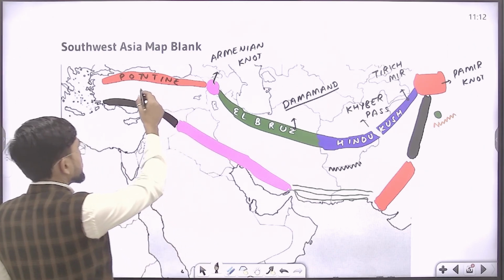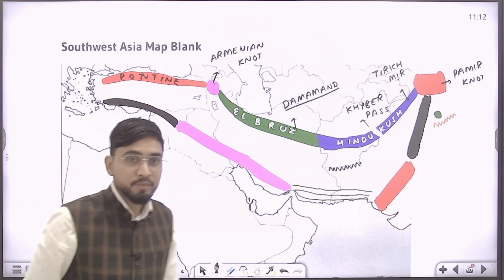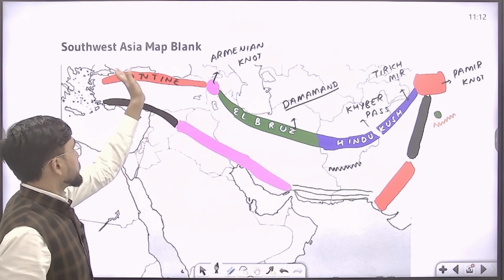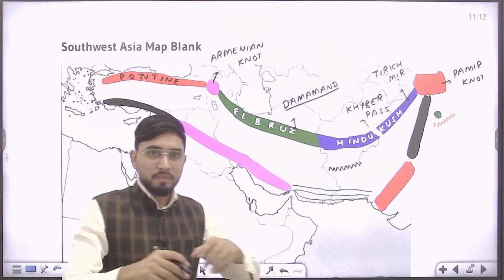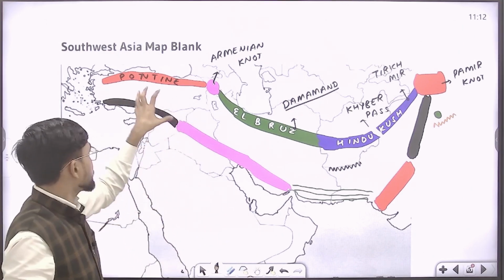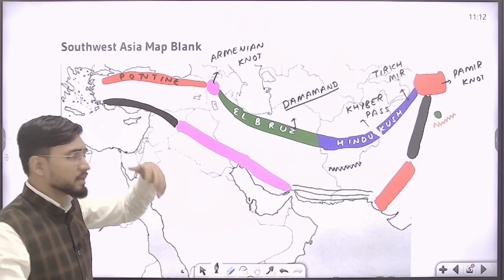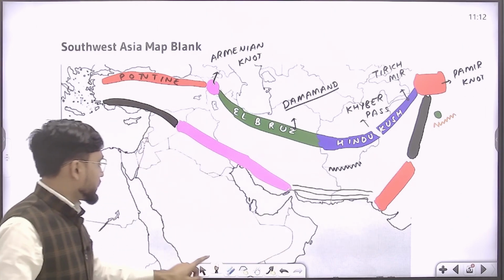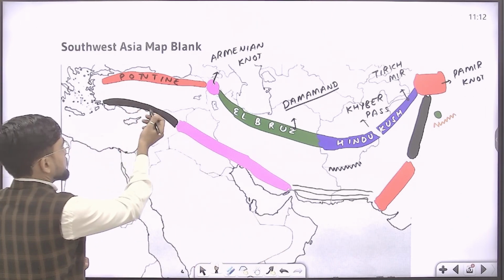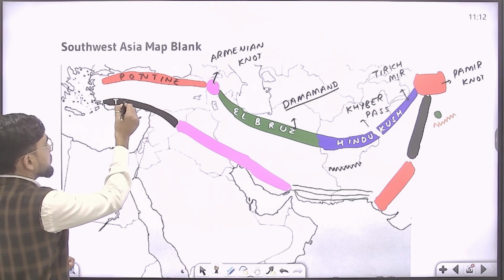After that, the Pontic range, which is currently in use because above the Pontic range the Mediterranean Sea is situated, and Turkey has found a reservoir of natural gas and plans to extract it. And in the southern portion, there is another range called Taurus Mountain.